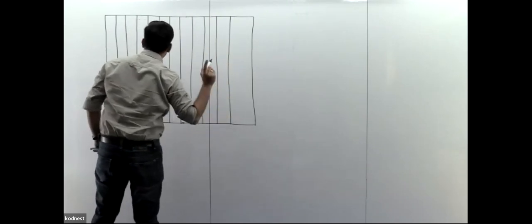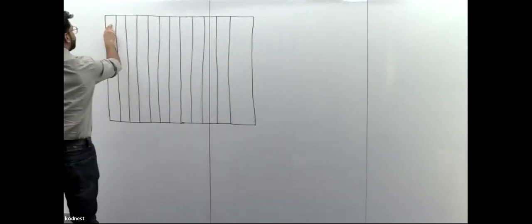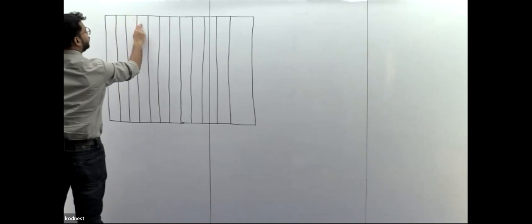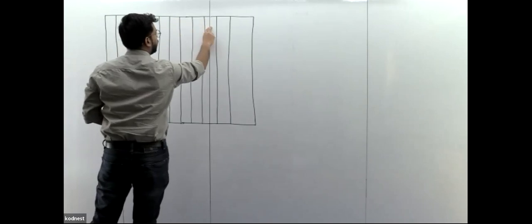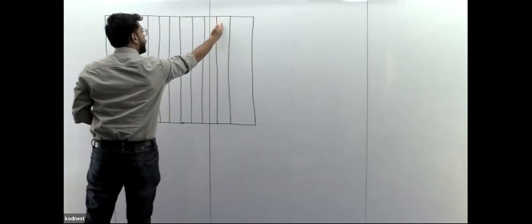I started from 0. You can see here 0, 1, 2, 3, 4, 5, 6, 7, 8, 9, 10. So totally 11 columns I am having for this particular structure.